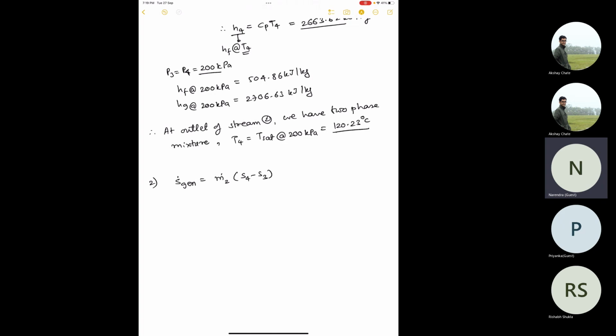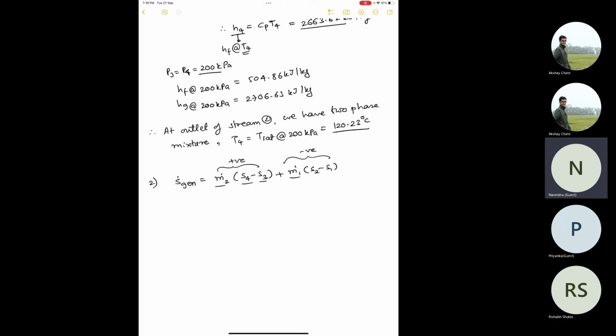And air, which is m dot 1, its entropy decreased, right? So S2 minus S1 will give you negative. This one should be negative and this should be positive, and the total sum should be positive. Now this S4 and S3 you get from the steam table.